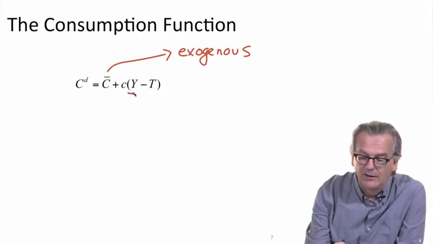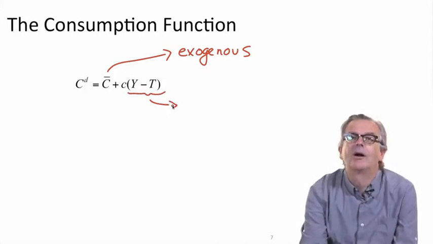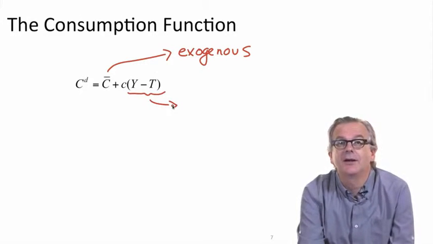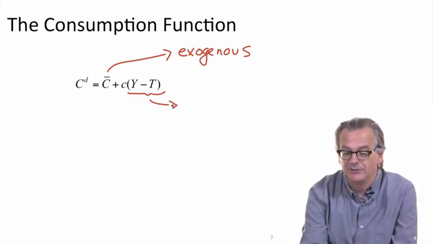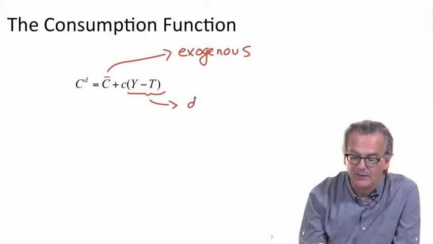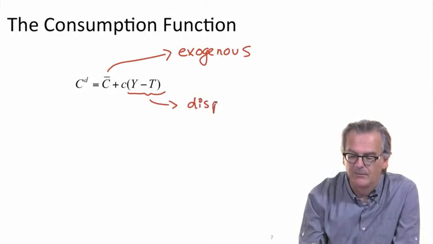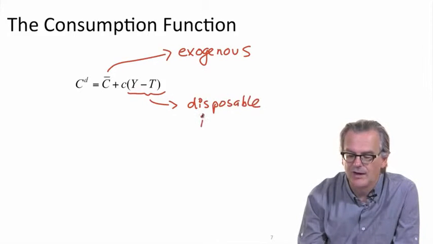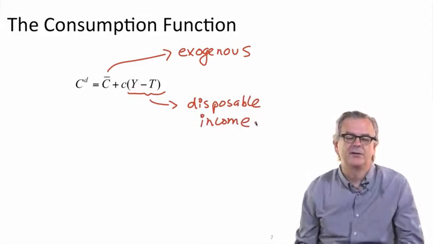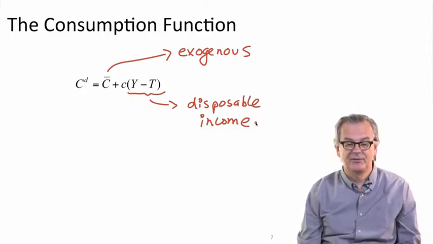This term, Y minus T. Y, you recall, is our notation for income, T is our notation for taxation. That term measures the disposable or after-tax income that households have available.